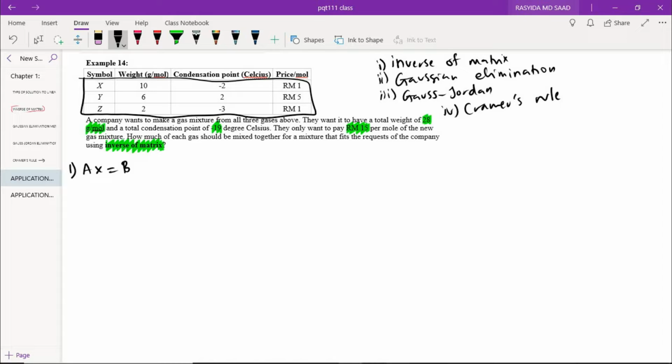So you need to understand the sentences that they give you. Why? Because we want to write down a linear system for this problem.